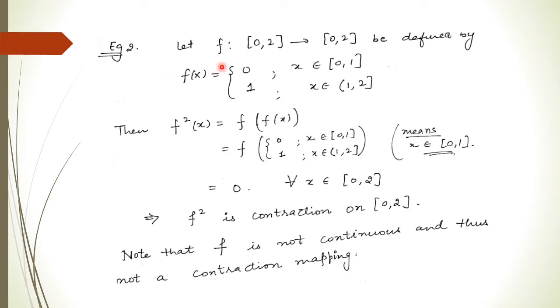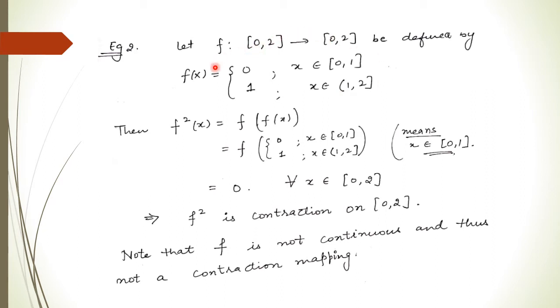Well, let f be a mapping going from the closed interval [0, 2] to [0, 2], defined like this. Let's suppose it is 0 whenever x belongs to [0, 1], and it is 1 whenever x belongs to the interval (1, 2], open at 1 and closed at 2.